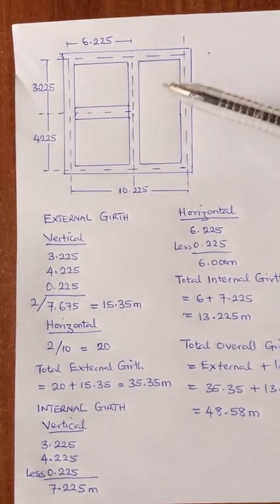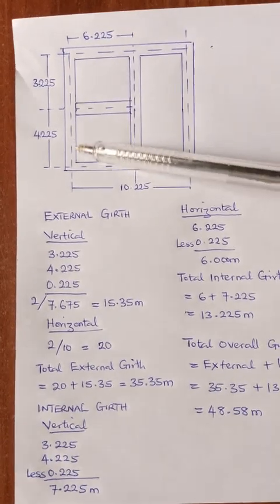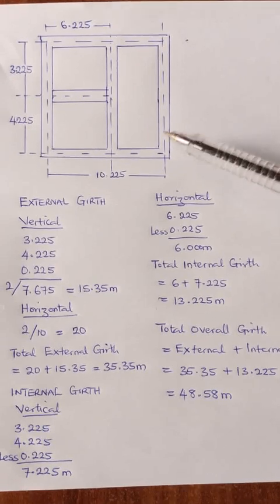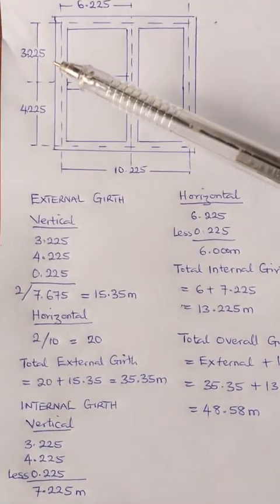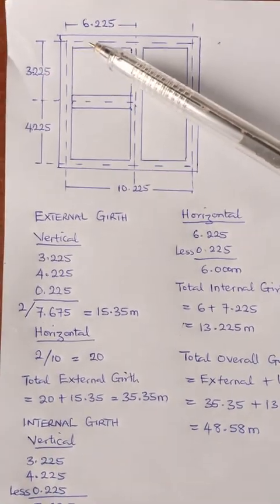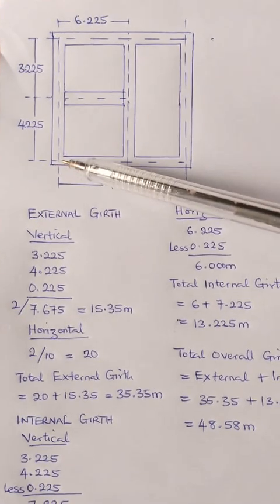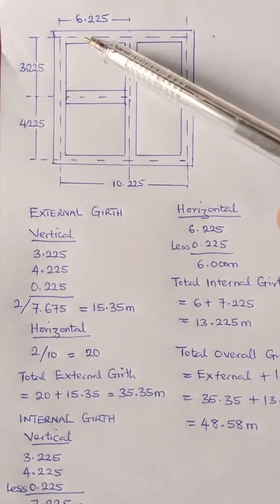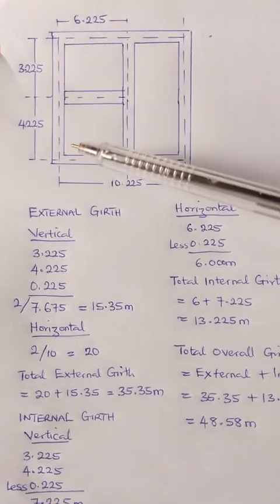In this building, this is the vertical line, and this is also vertical. So we have three, that is from the grid line. The block line is 225, so half of it goes this way and half of it goes this way.